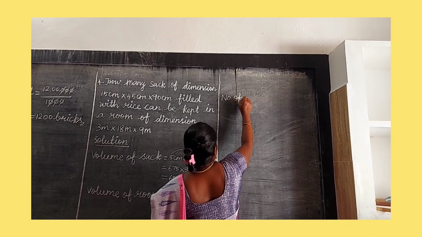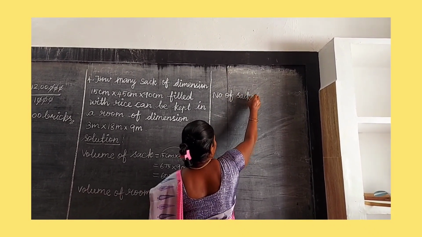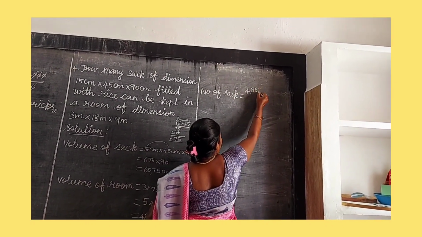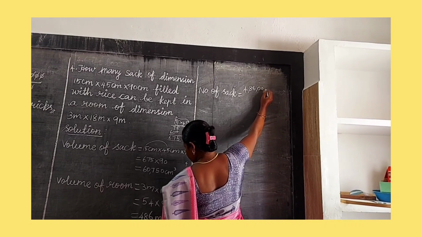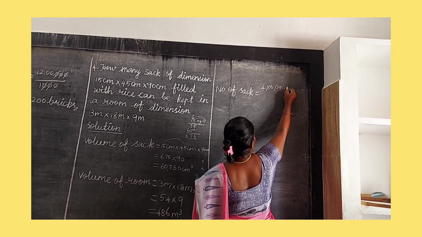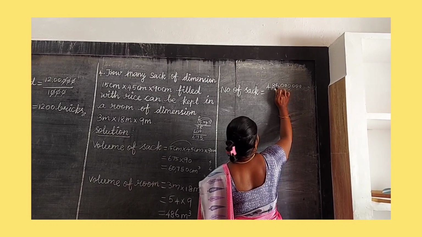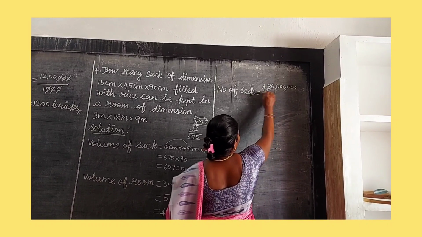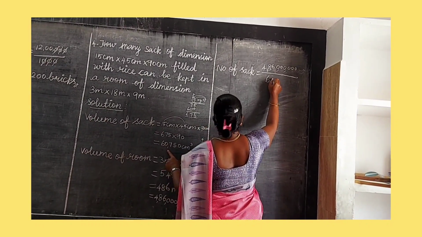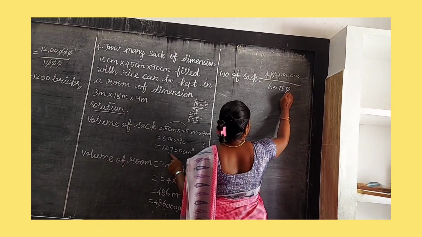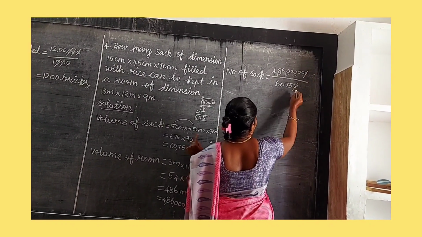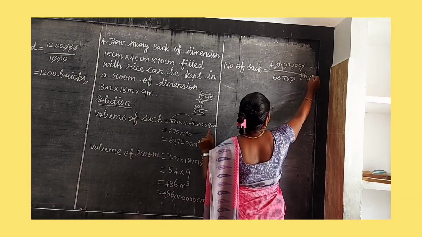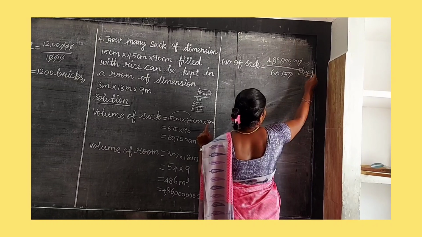Number of sacks is equal to this value divided by 60,750. Cancel one zero. Now we cancel the values by the 5 table.